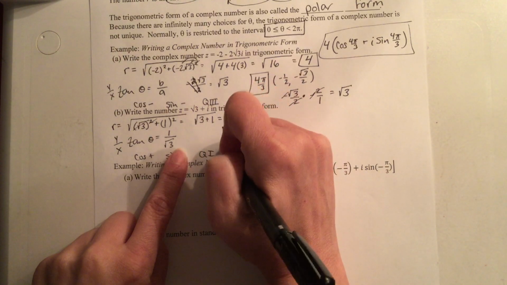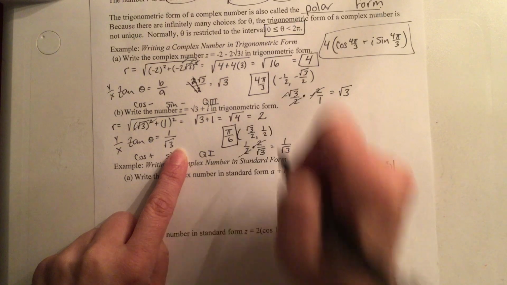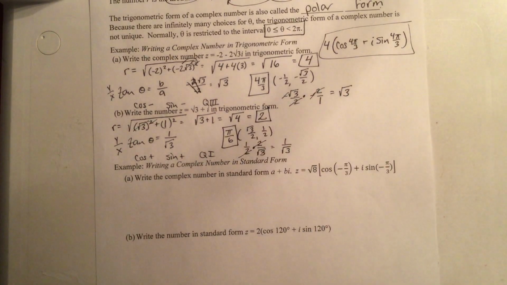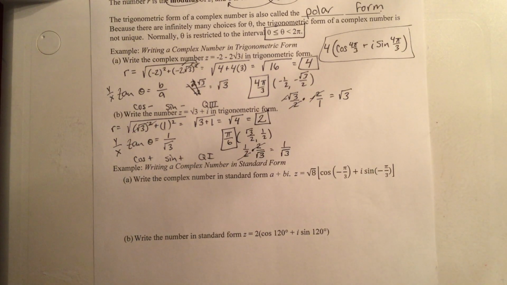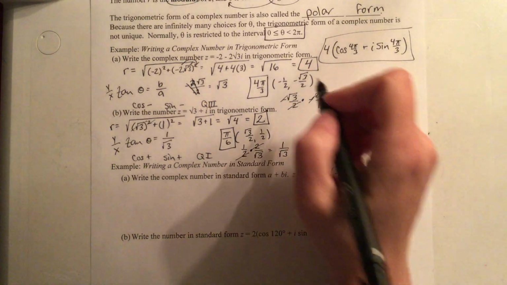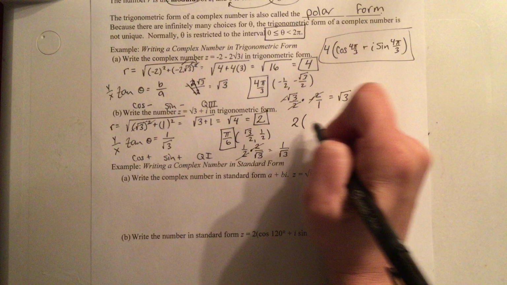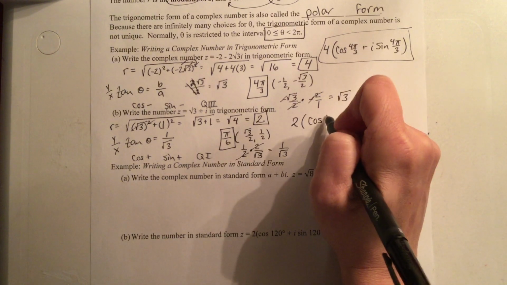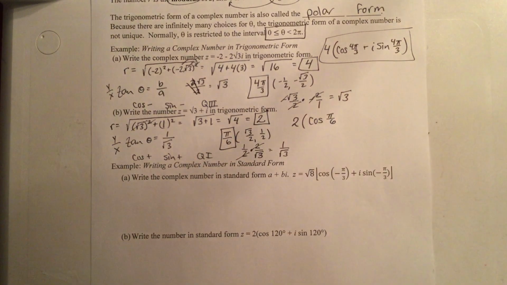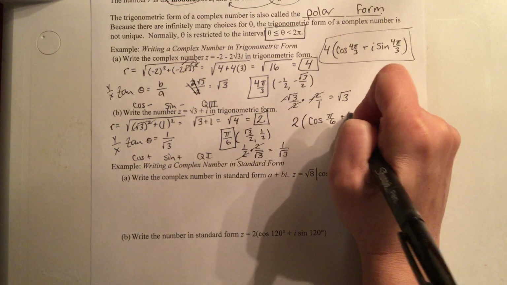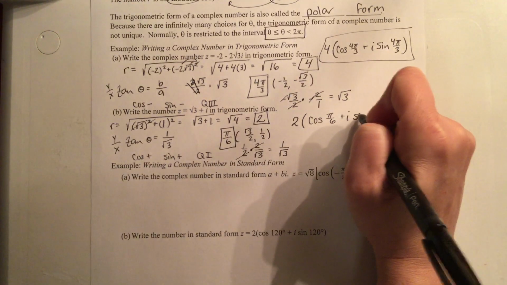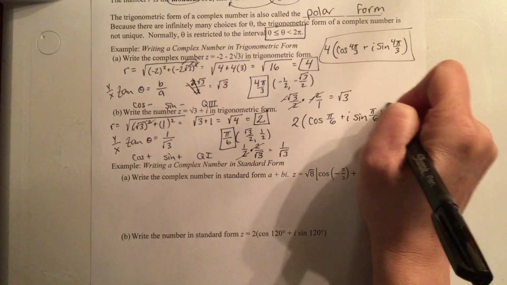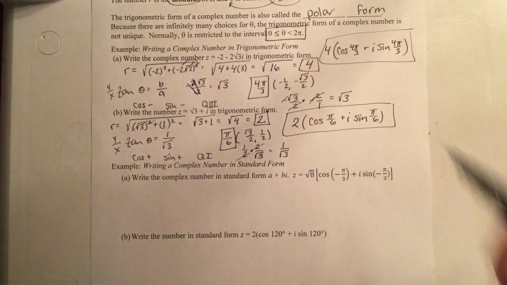So my argument is pi over 6. My modulus, sorry, weird word, is a 2. So now I can go ahead and write this in what's called polar form. The modulus goes out front. Then it's the cosine of the argument, so cosine of pi over 6, plus i times the sine of the argument, so the sine of pi over 6, and that's it.